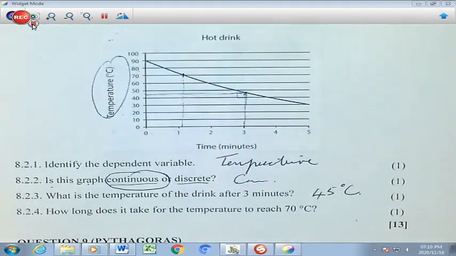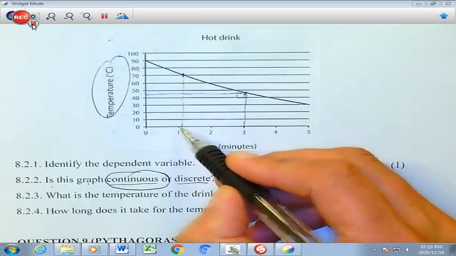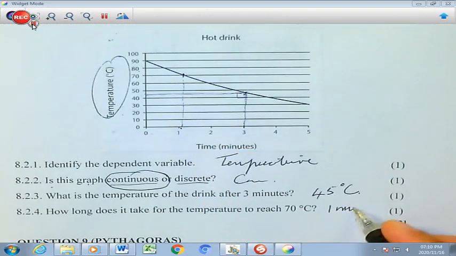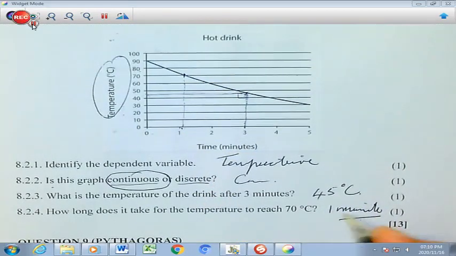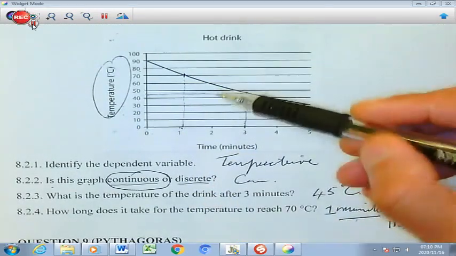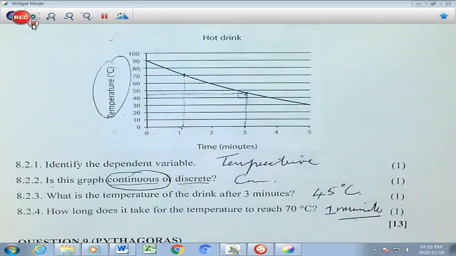So I would say probably a minute. I'm going to round it off by saying 1 minute does it take for the temperature to reach 70 degrees Celsius. Okay, so that's what you need to write down in your answer for those questions that you have there.